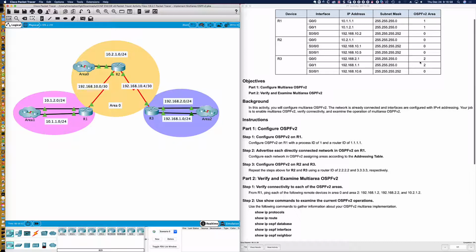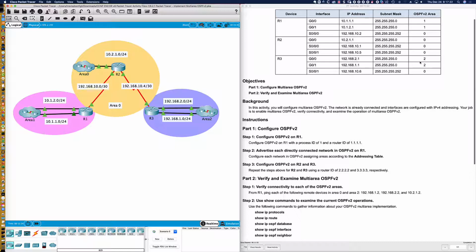And so for that to be true, we have to wait for things to synchronize. Well, if we break up area 0 into smaller non-area 0 areas, like area 1 and area 2, we can limit or constrain the failure domain.